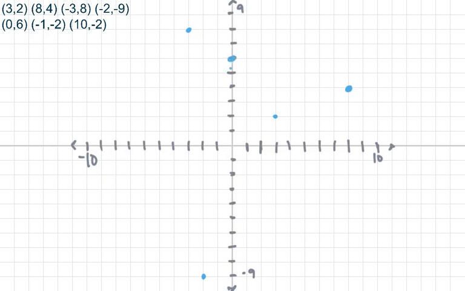So our spot is right on the y-axis. -1, -2. We're going to go to the left to -1 and then down to -2. And then 10, -2, we're going to go to the right to 10 and then down to -2.